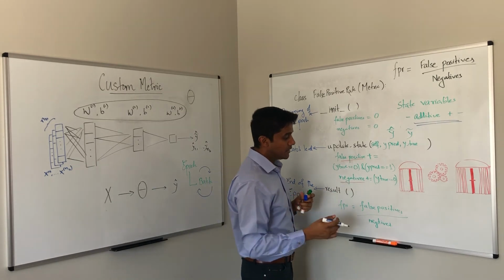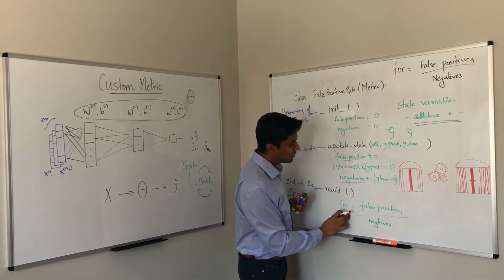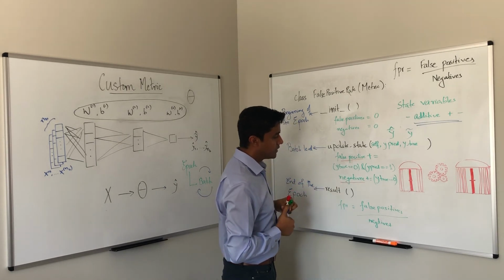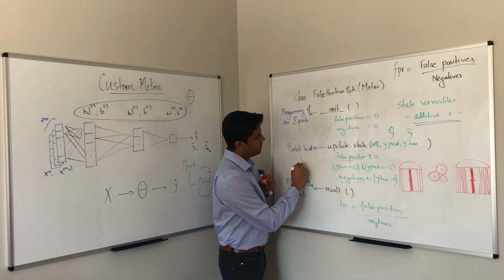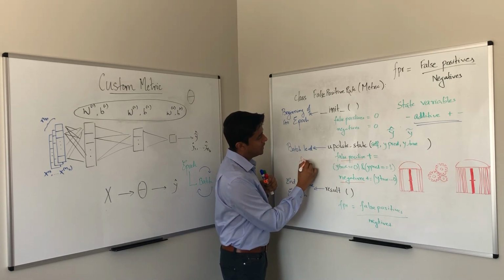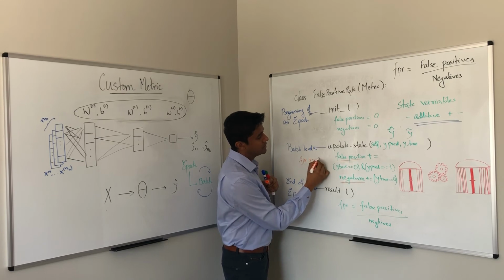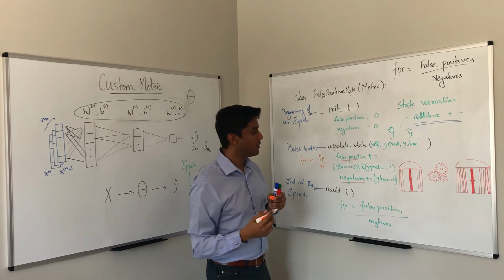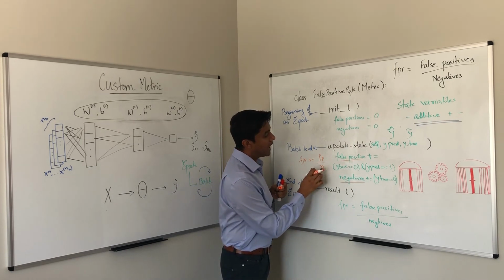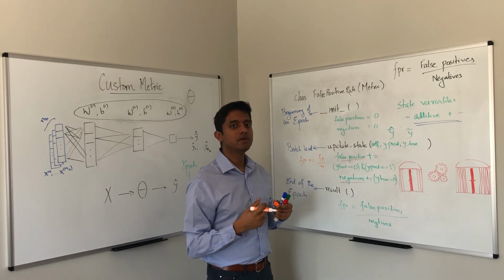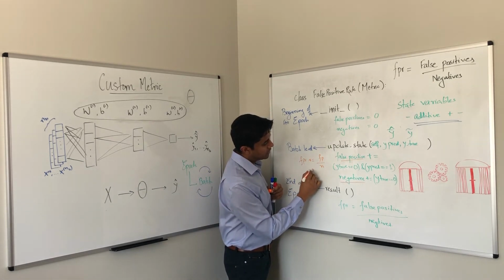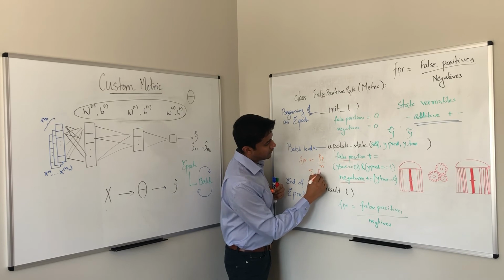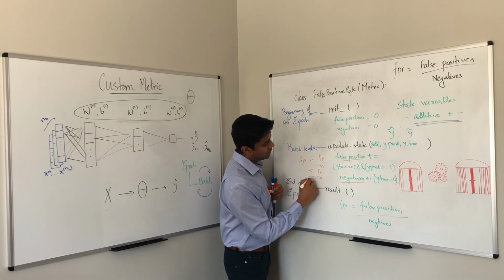Instead, if I had put FPR here, let's see what would have happened. If I was computing FPR here, I would have to update FPR as something like this, false positive over negative for that batch. That means I'm adding a fraction in each iteration. This is essentially a summation of FP over negatives for each batch.